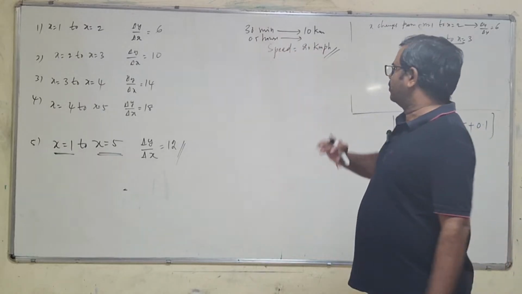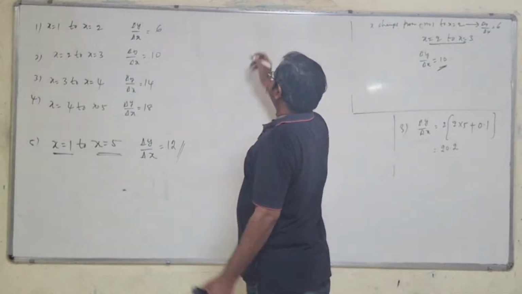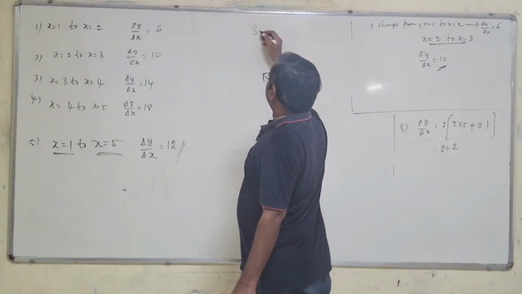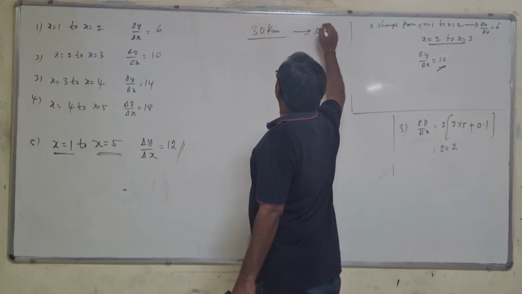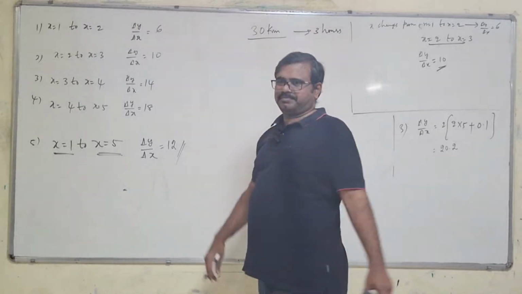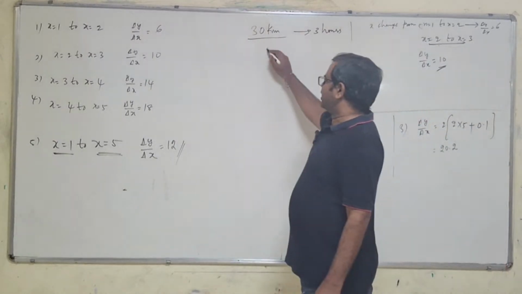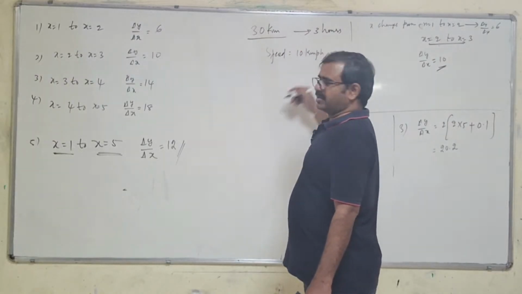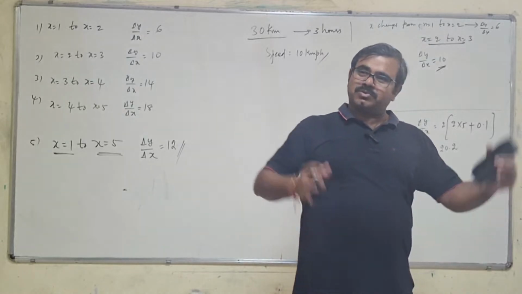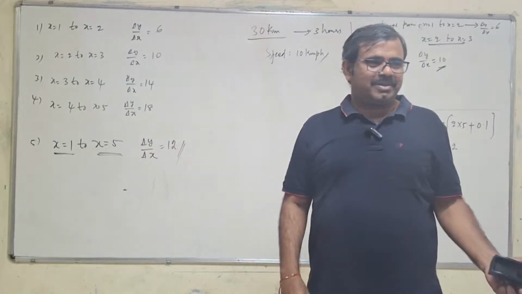Let us say from here you go to LB Nagar. Let's say you go 30 kilometers. It takes 3 hours, let's say. 30 kilometers, 3 hours. What is the speed equal to? 10 kilometers per hour. Does it mean in the first 1 hour you traveled 10 kilometers? In the second 1 hour also you traveled 10 kilometers?